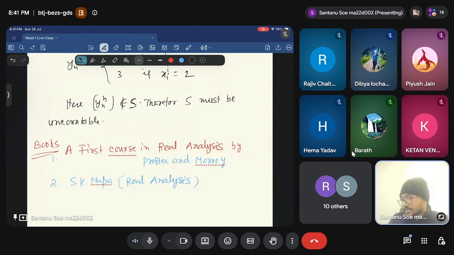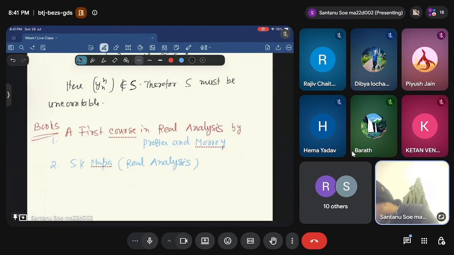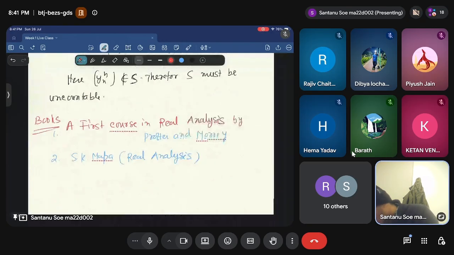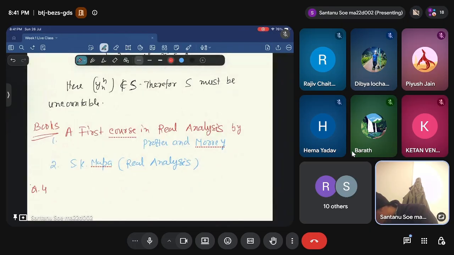So the next question is: let G subset of R be open and F subset of R be closed.